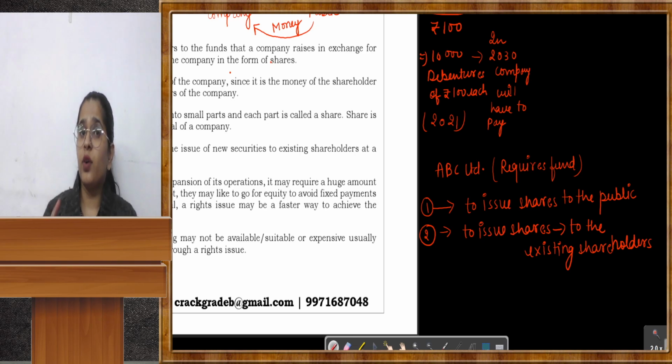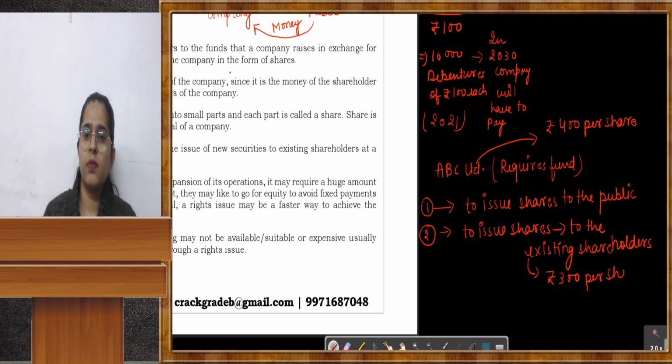And the good thing about this is that these shares are offered at a low price, lower than the market value. Let's say ABC Limited's share has a worth of 400 rupees in the market, then to existing shareholders they will offer it at 300 rupees per share, lower than the market value.